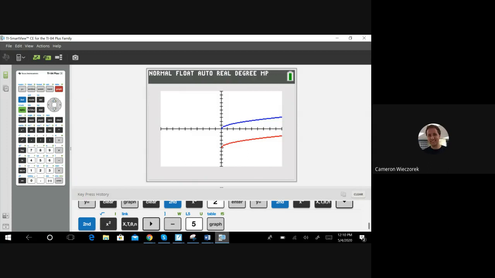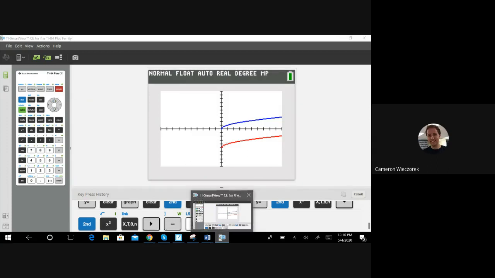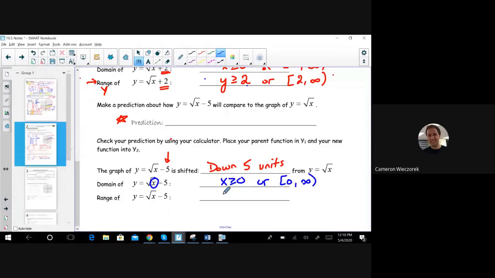So it starts at -5 and goes up to infinity. So you could write this as y is greater than or equal to -5, or you could write it as -5 to infinity in interval notation. Okay. So the range is what gets affected by that -5. It does not affect the domain if it's outside.